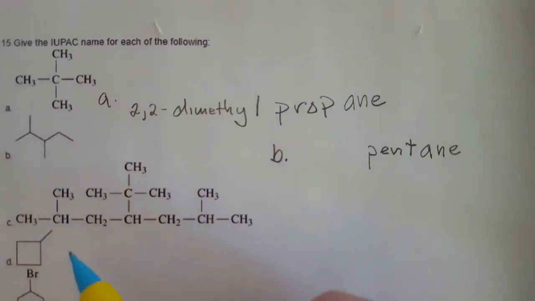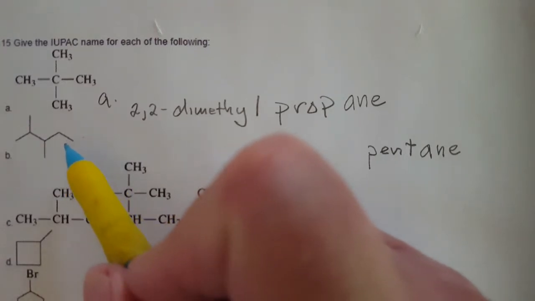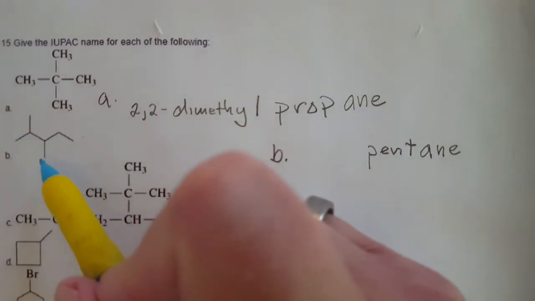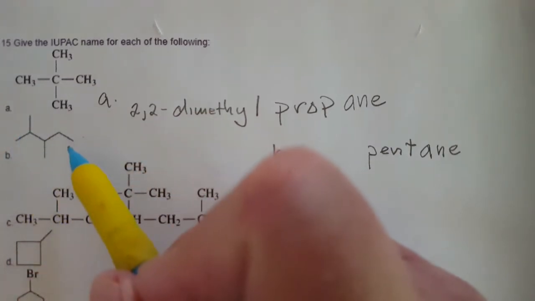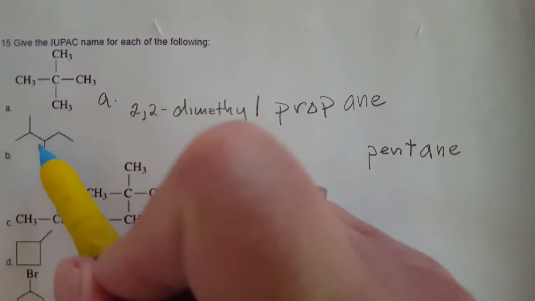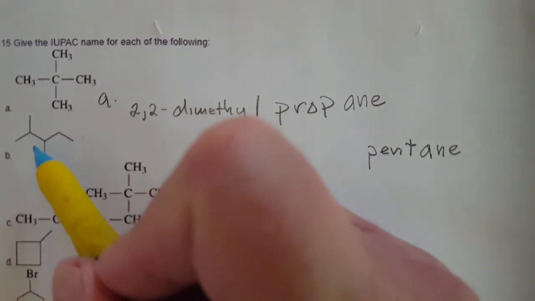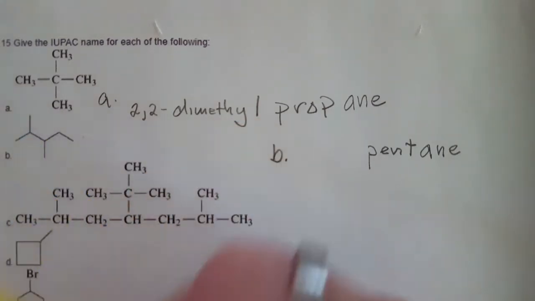There are two methyl groups. We could name them in this direction or that direction. So in this direction, it would be 3 methyl, 4 methyl, or we could name it in this direction, in which it would be 2 methyl, 3 methyl. We choose the direction that produces the lowest numbers. So that's going to be 2 methyl, 3 methyl.